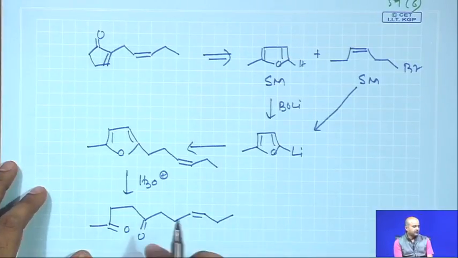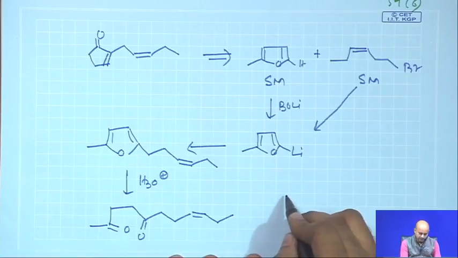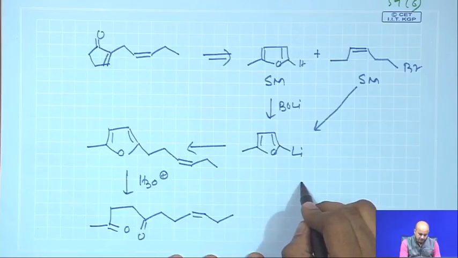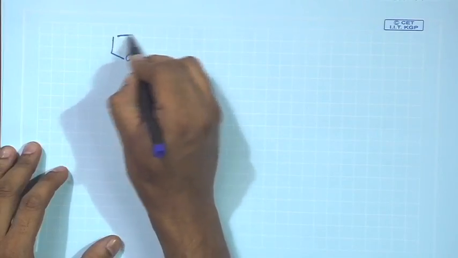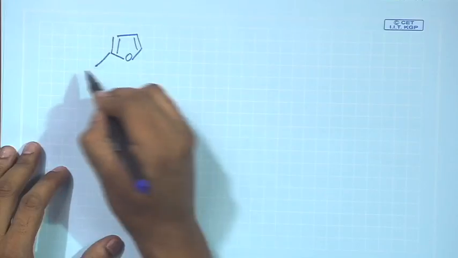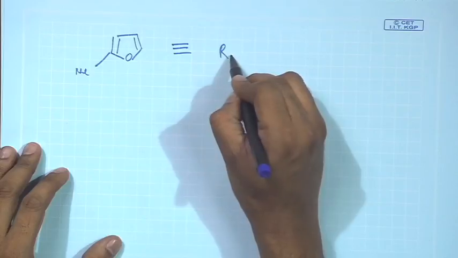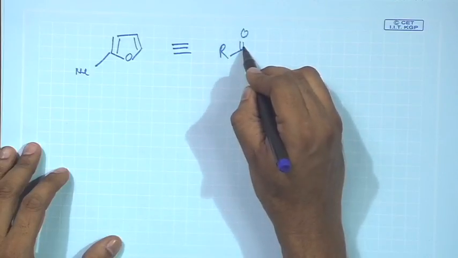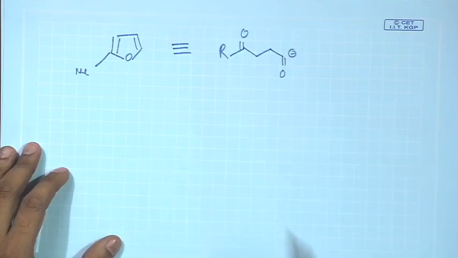Now, we are visualizing the entire concept in terms of synthetic equivalence in this way. We are saying that a properly substituted furan, which is basically this methyl, can act as an RC double bond O CH2 CH2 C double bond O minus.